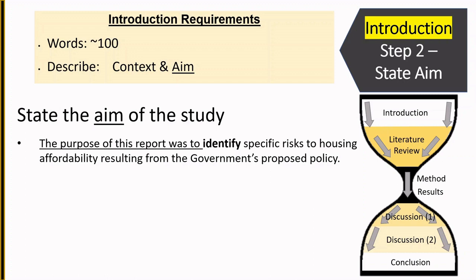There's different ways you can do that, but we want one sentence at the end that really crisply identifies your purpose. So you could say the purpose of this report was to, or is to, identify, for example, specific risks to housing affordability resulting from the government's proposed policy.